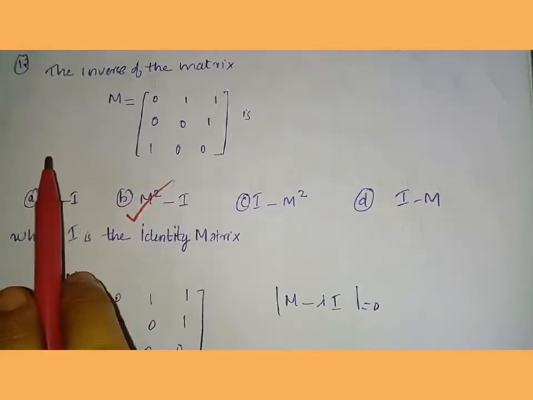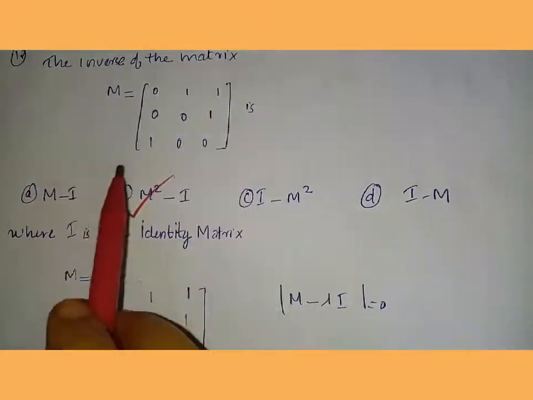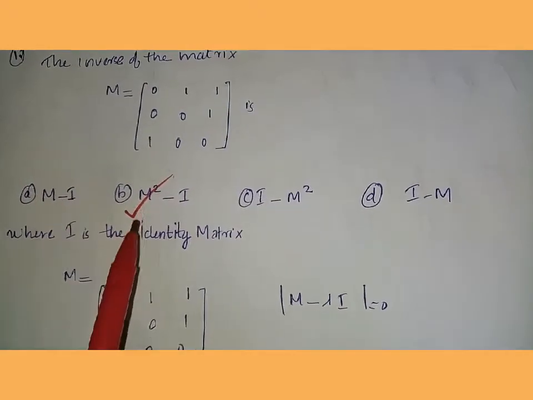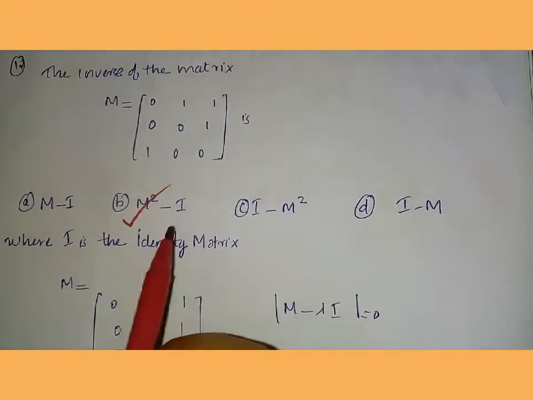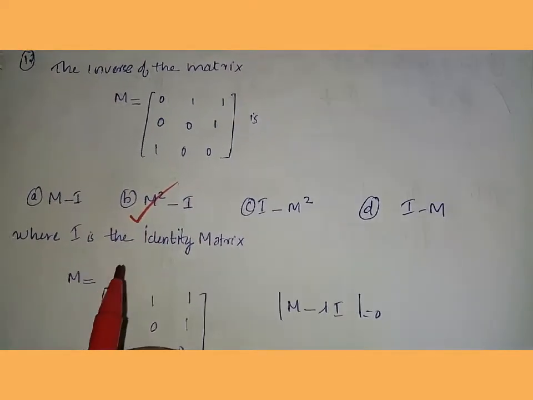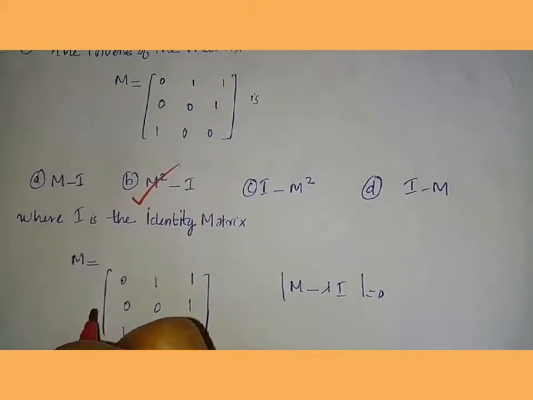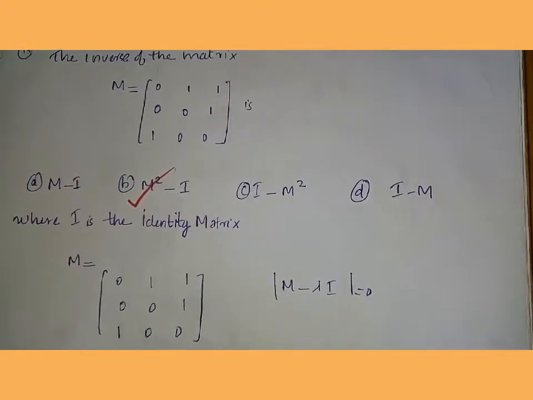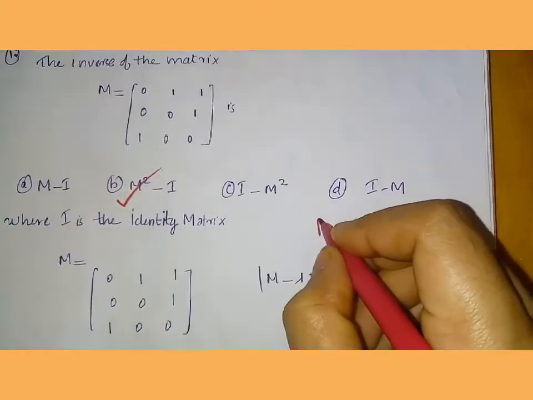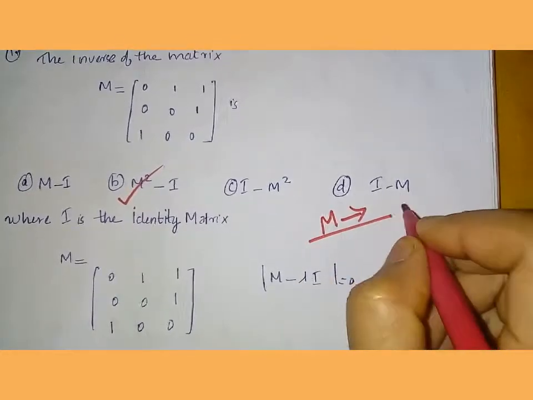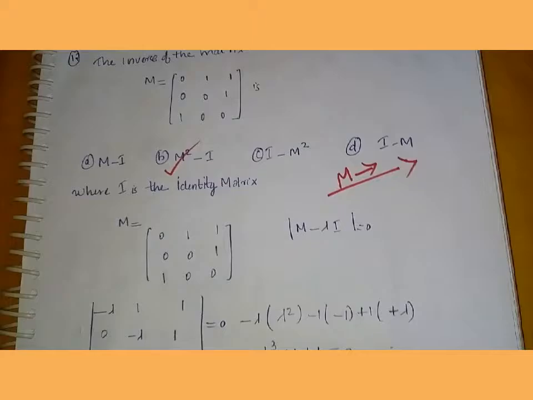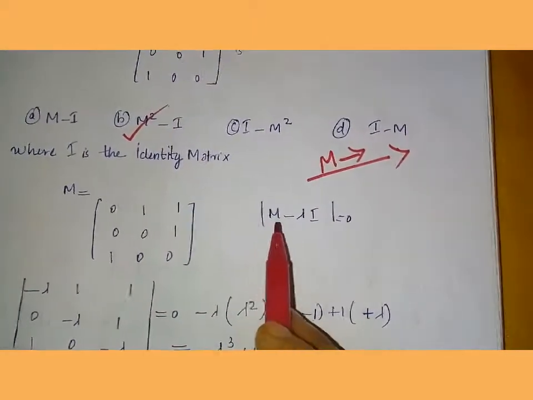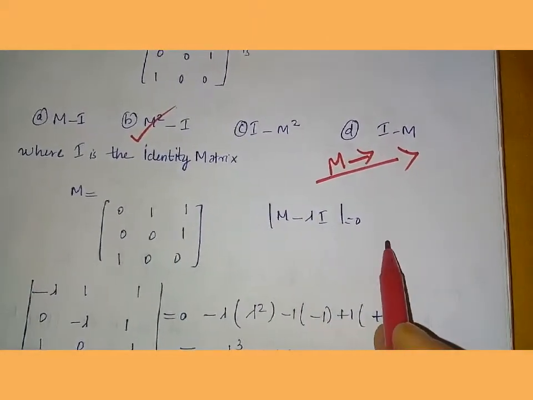11th problem, in which we have to find the inverse of a matrix, represented in the form of the matrix, for which we have to find the characteristic equation. We know every matrix satisfies its characteristic equation. How to find its characteristic equation? That is, determinant of M minus lambda I is equal to 0.